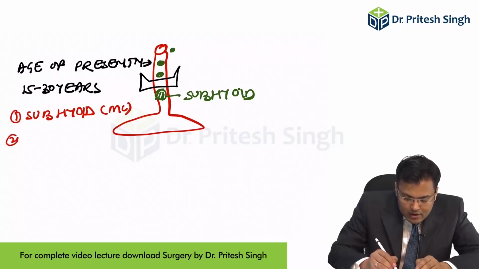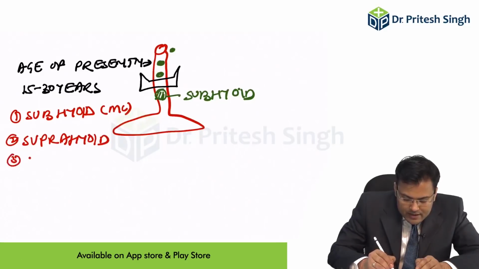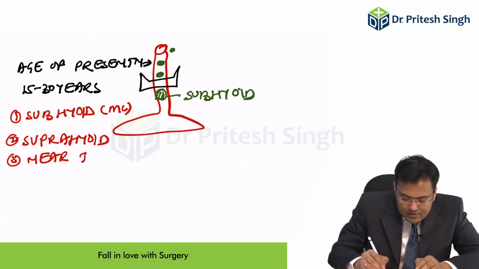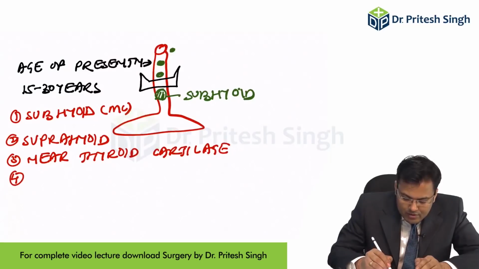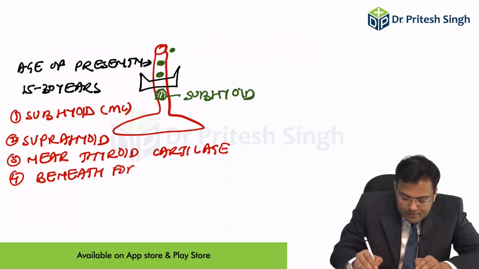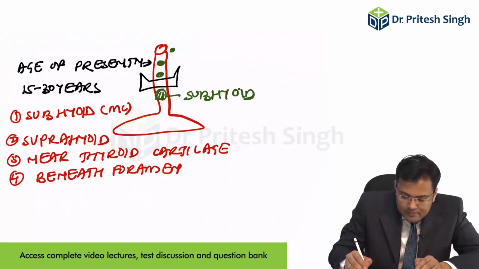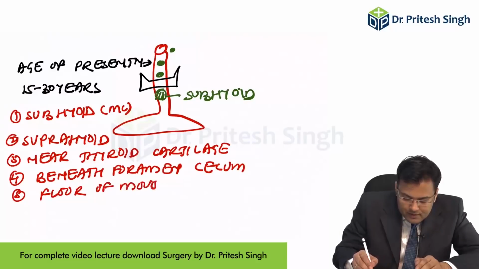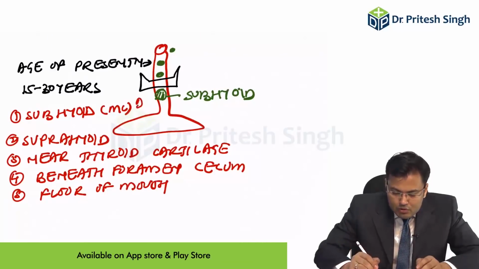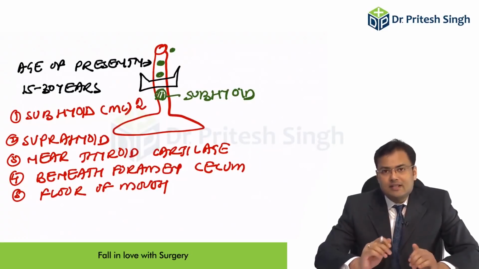Other locations are suprahyoid, near thyroid cartilage, beneath foramen cecum, and in the floor of mouth. And the important question: the most common location of thyroglossal cyst, that is subhyoid.